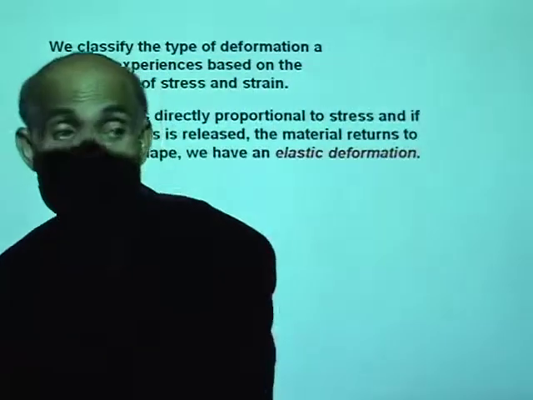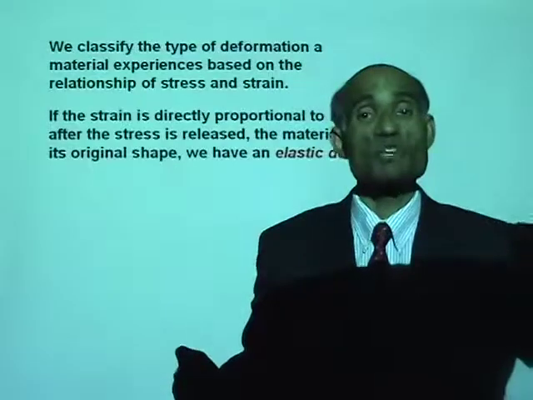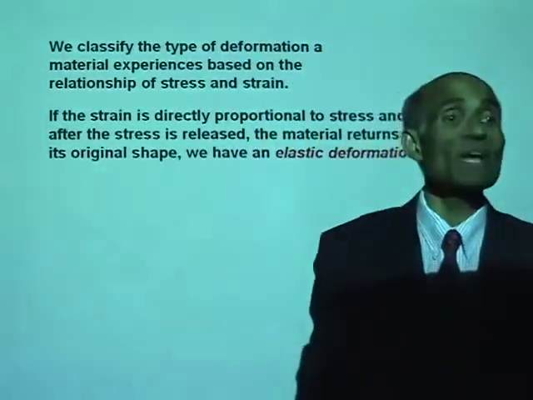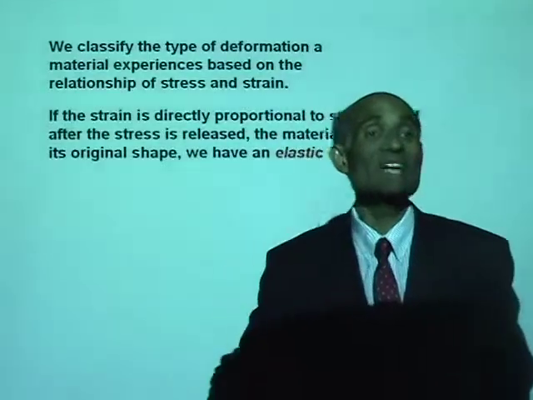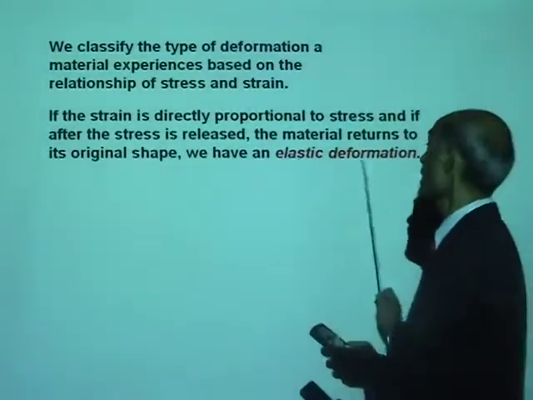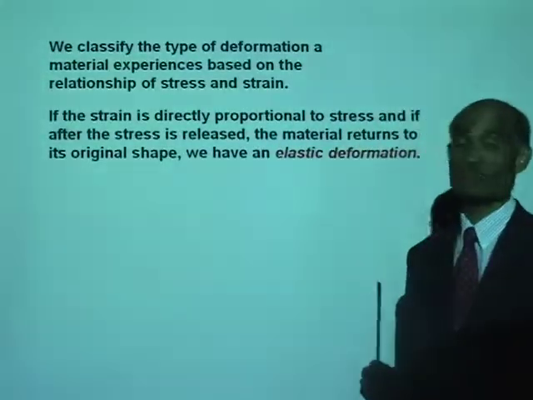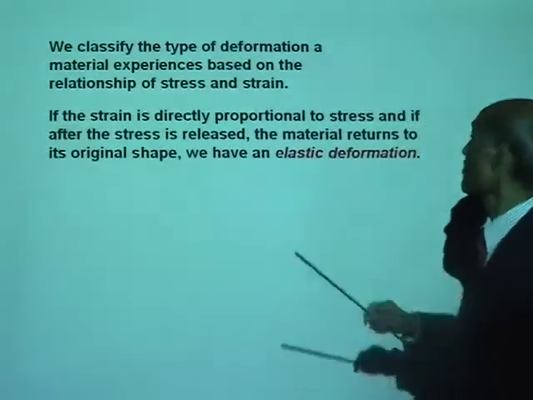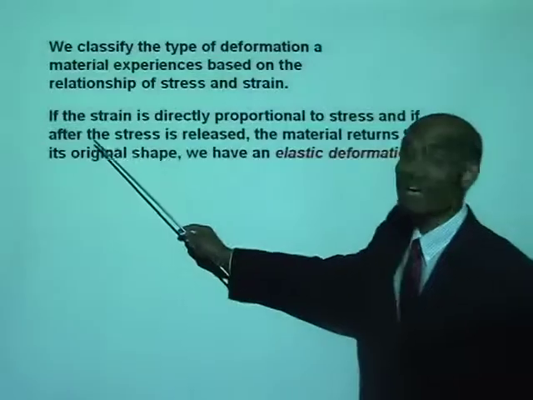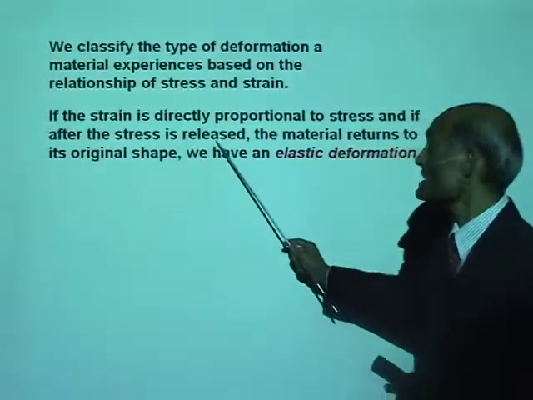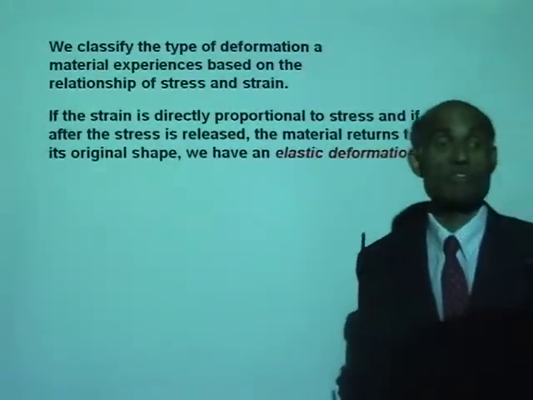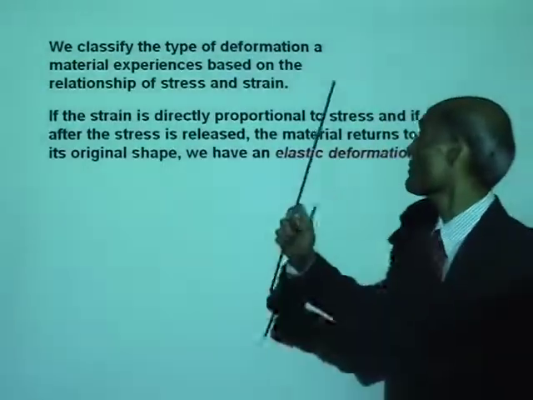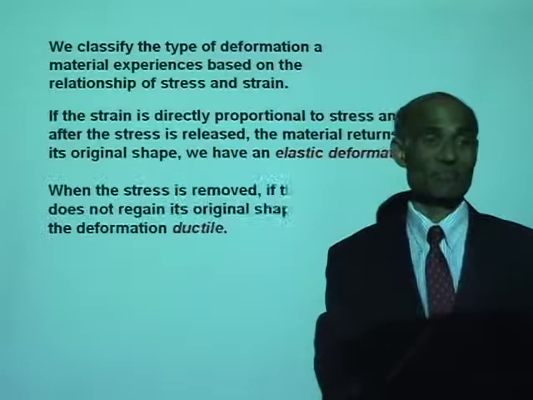Alright, so depending on what the stress does, the kind of relationship between stress and strain, we have different kinds of deformation. So what is elastic deformation? If the strain is directly proportional to the stress, and if after the stress is released, the material returns to its original shape, then that deformation is elastic.